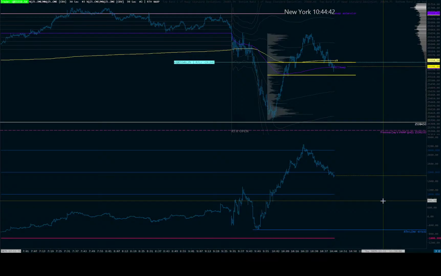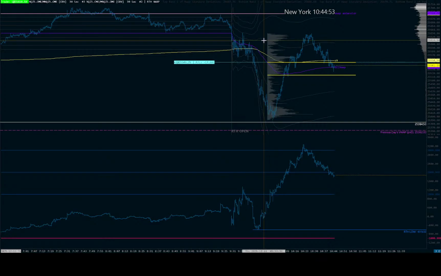I think that everybody should do a deep dive into auction market theory. It will really help you guys understand value and higher time frame market participant positioning and things like that. It is important because it is an auction process, and ultimately price can only go up or down.